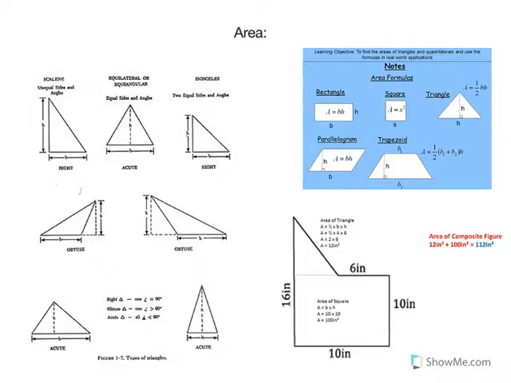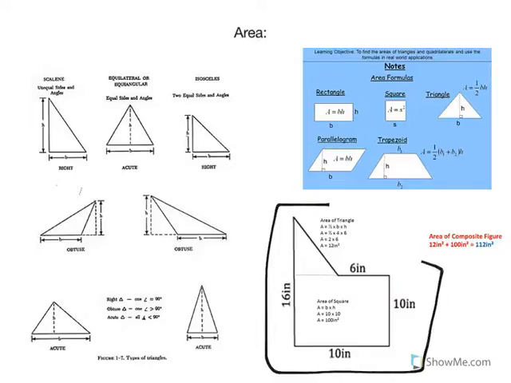So we are going to start with area, and I have some diagrams with formulas on them to show you how to find the areas of different types of triangles and rectangles, squares, parallelograms, trapezoids, the usual shapes that you're going to be finding the area of. Also, down below here, I have an example of the kind of problem you would see in doing geometry.